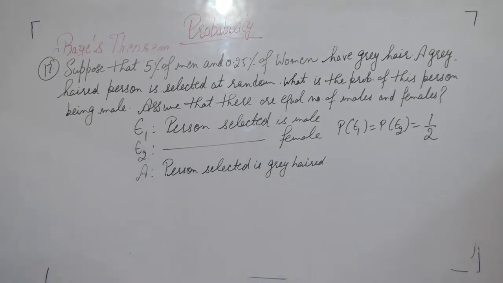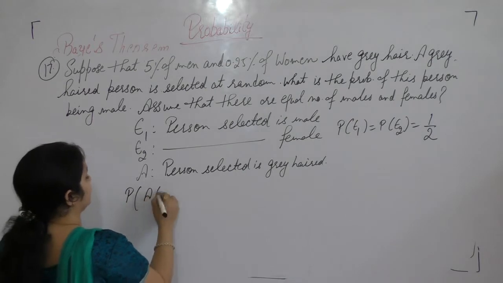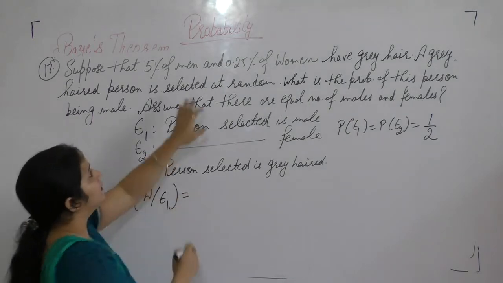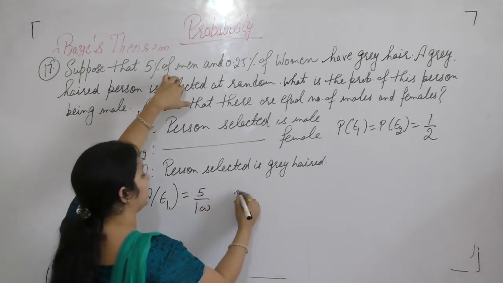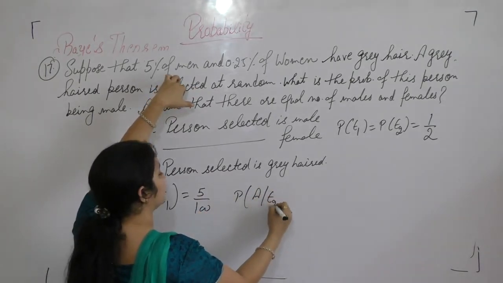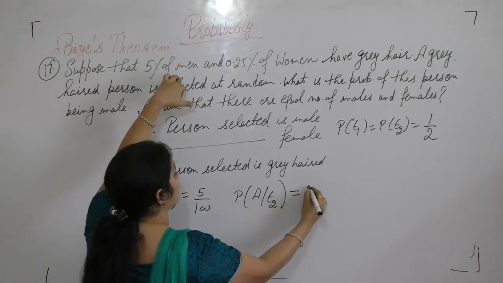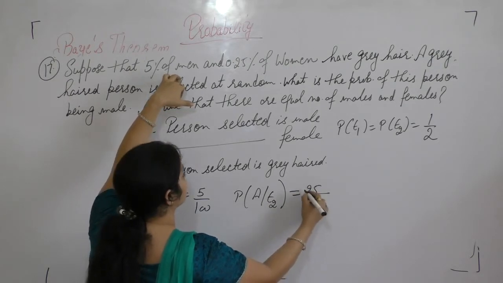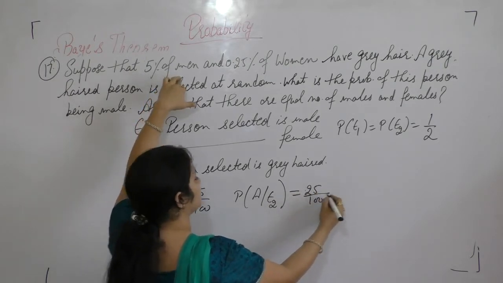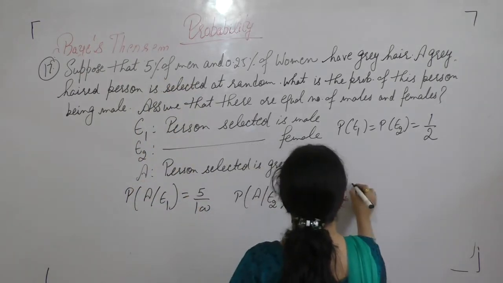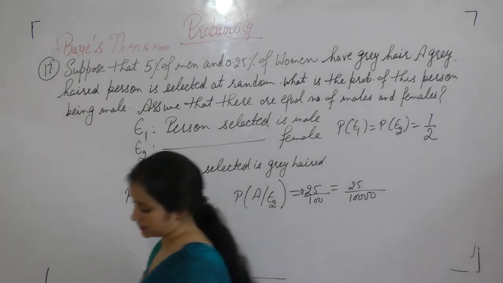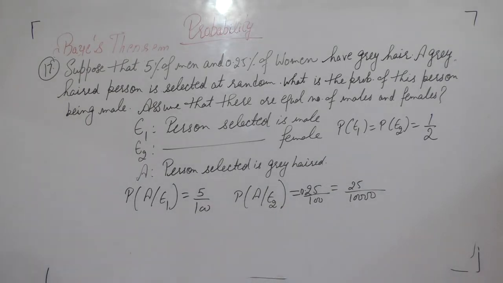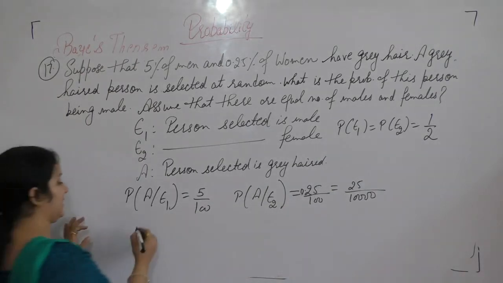Now probability A upon E1, number of men who have grey hair 5% and number of women who have grey hair is 0.25%. Now what we want to find, the person selected is male.